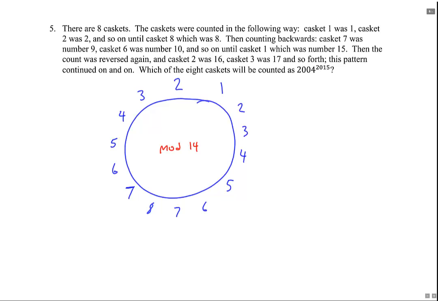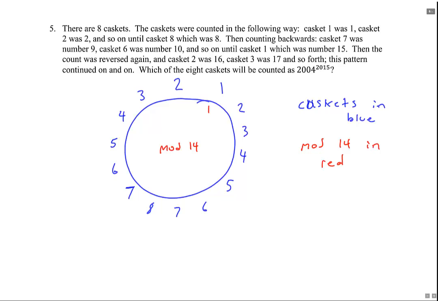Mod 14. Let's match up the remainders with the caskets. So the caskets are in blue, and mod 14 in red.